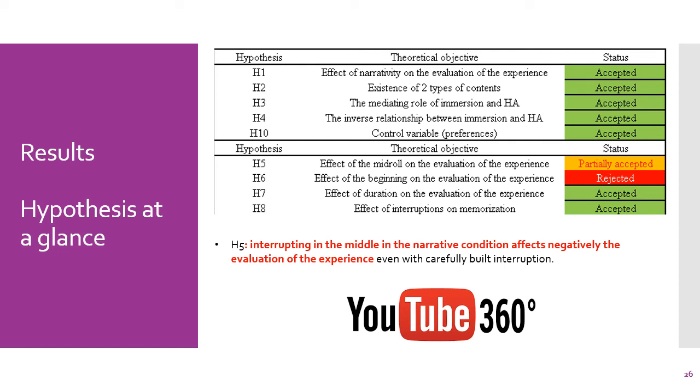The non-narrative contents, meaning without a storytelling, simply, for example, information or being able to control the video, but without a plot, without a story. This type of content generates less enjoyment and another experiential profile. So this is the hypothesis H2.